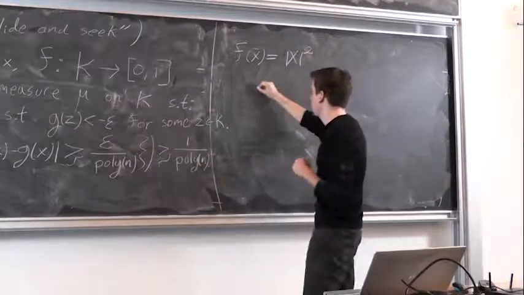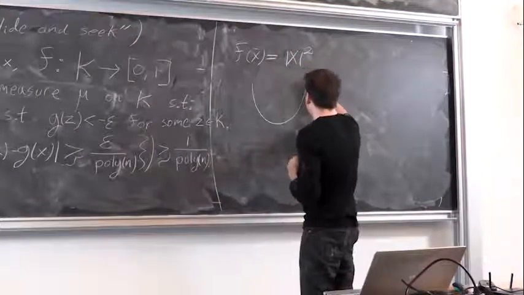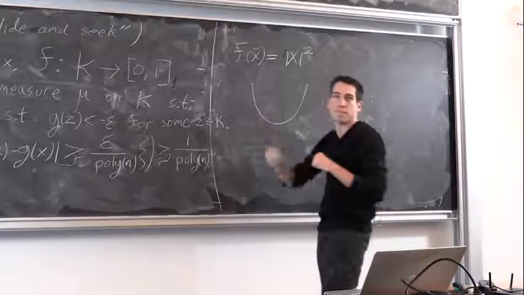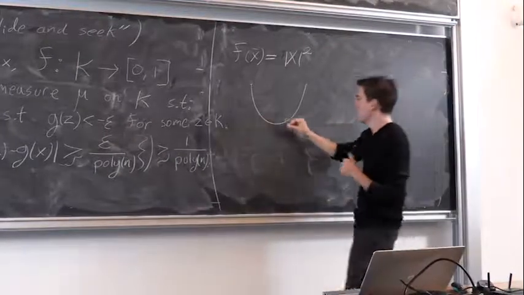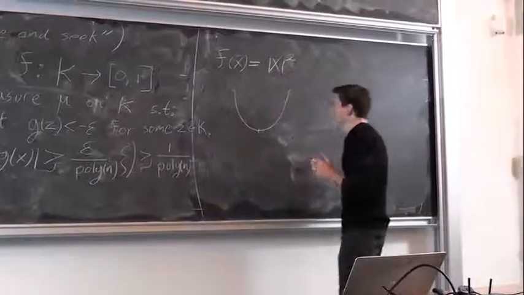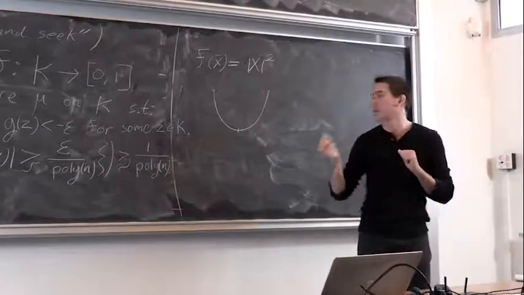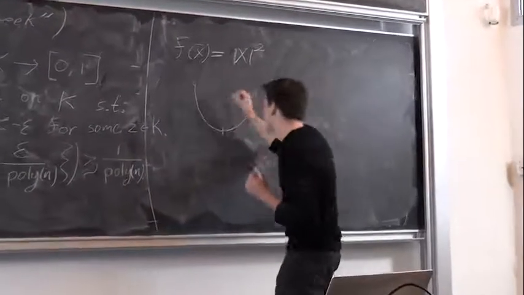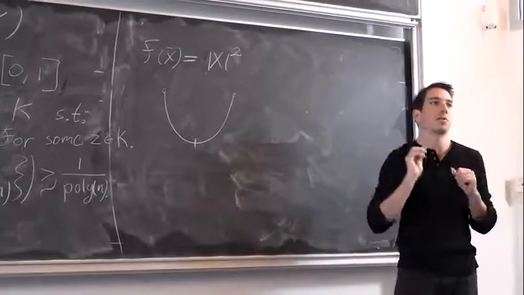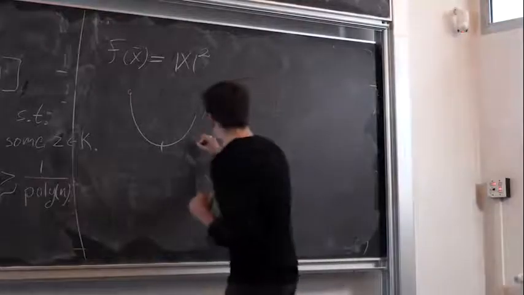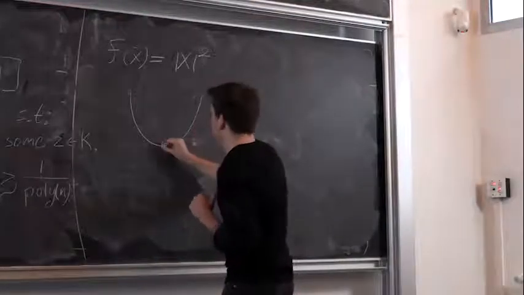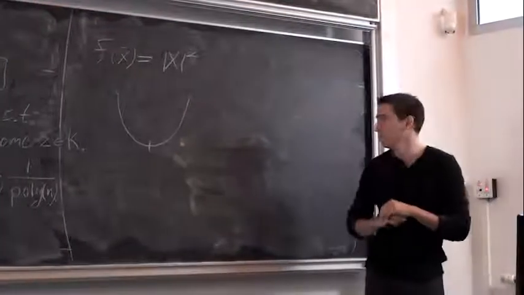So f is just a parabola in high dimensions. And the z's I want to consider are, let's say this is the origin, all the z's in the unit sphere. So all the z's which are at distance 1 from 0.